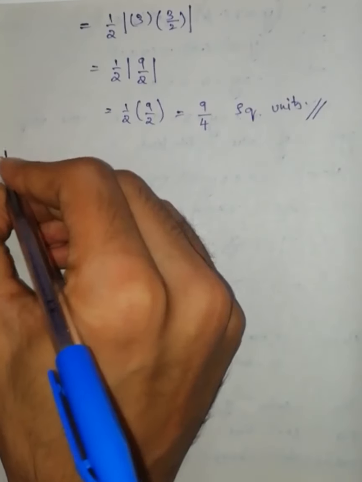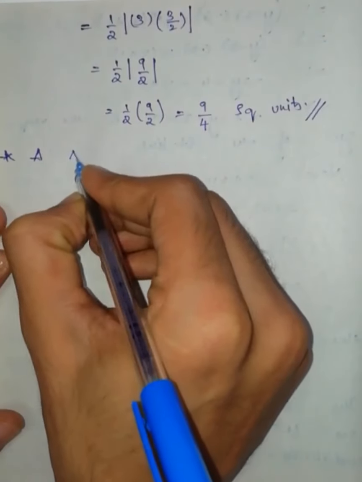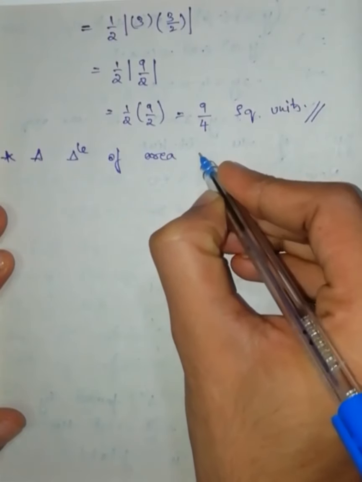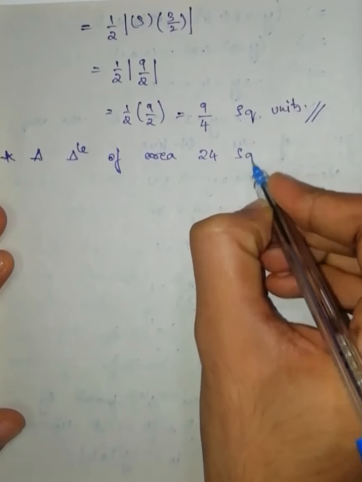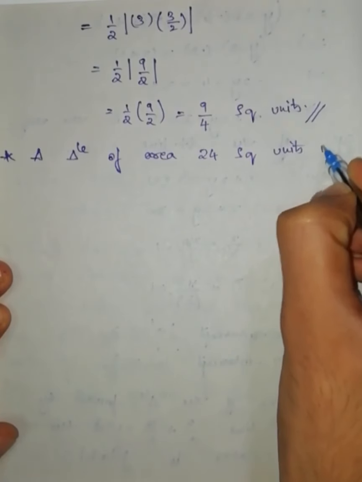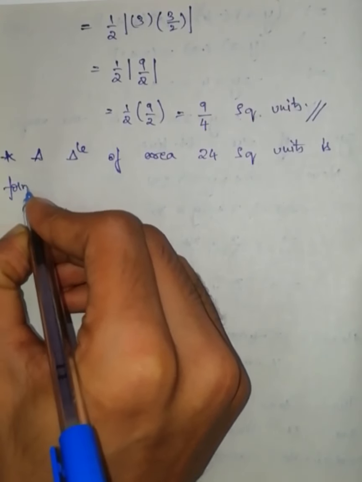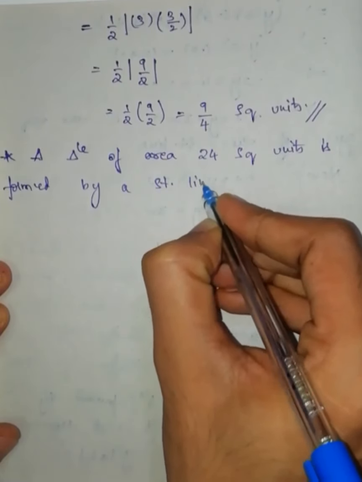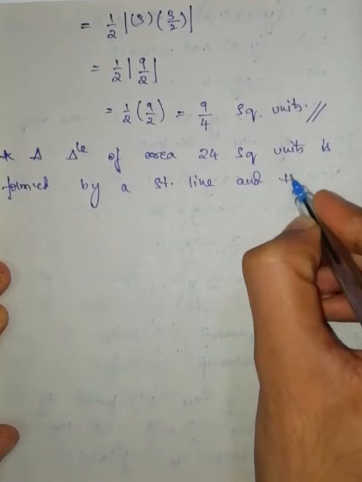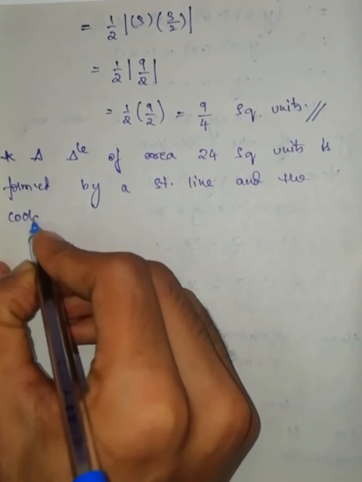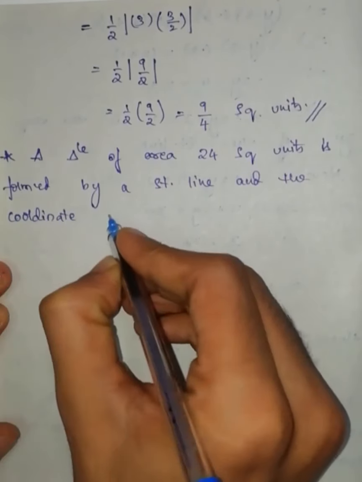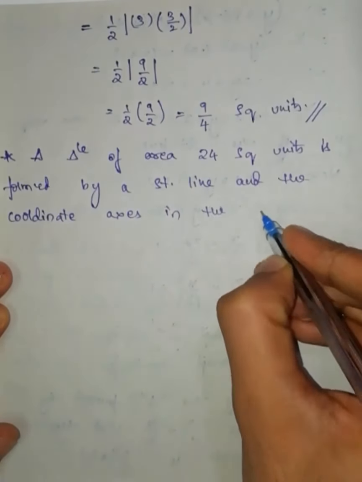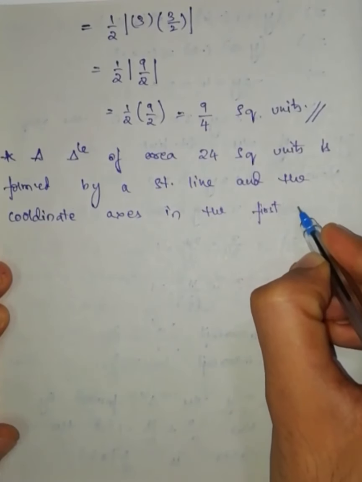Next problem. A triangle of area 24 square units is formed by a straight line and the coordinate axis in the first quadrant.